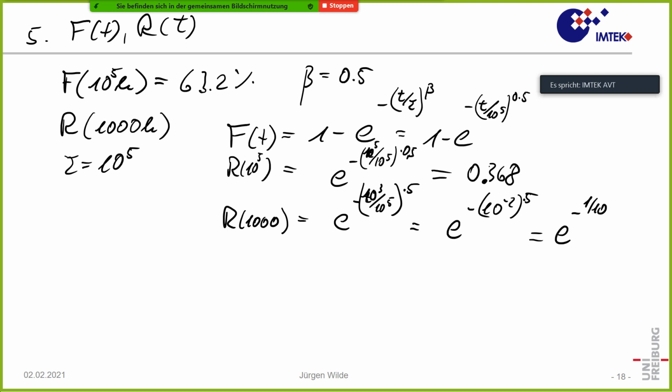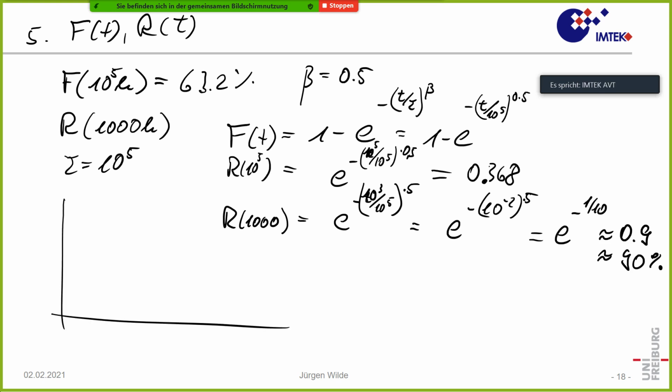Yeah, I already also have it. Okay, that's the reliability. So it's just to remind us that this is the initial part of the bathtub curve.